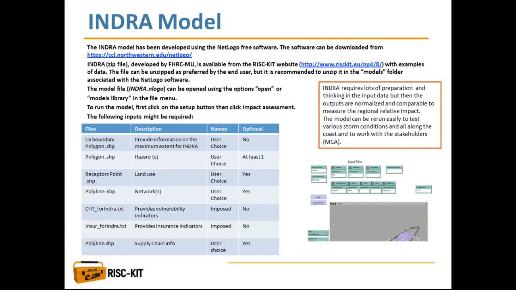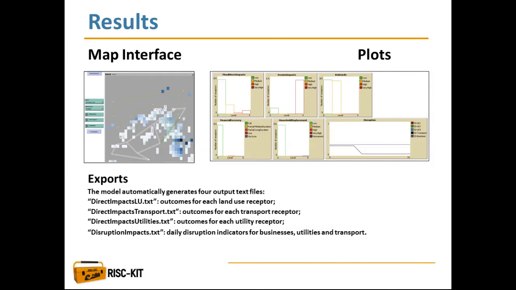But once the data are ready and go into the model, the calculation is quite fast and the outputs are directly normalized and comparable using the multi-criteria analysis. INDRA provides a map interface and plots to visualize the results. The user also has the opportunity to export the results in different output text files.